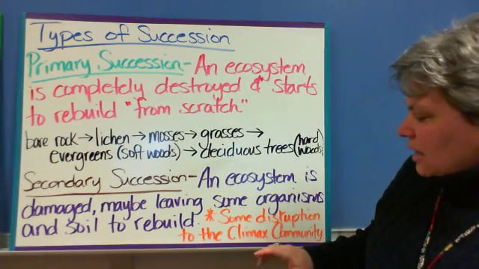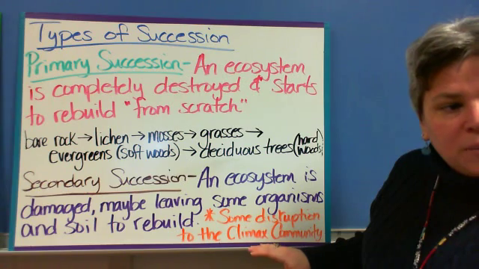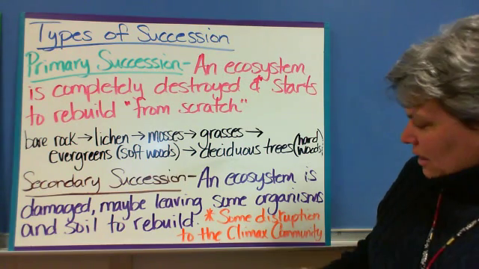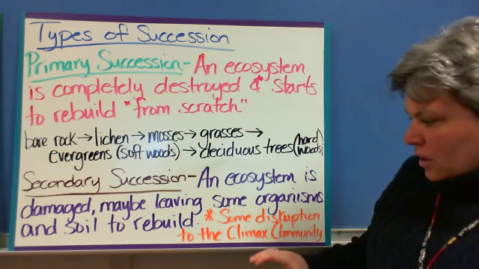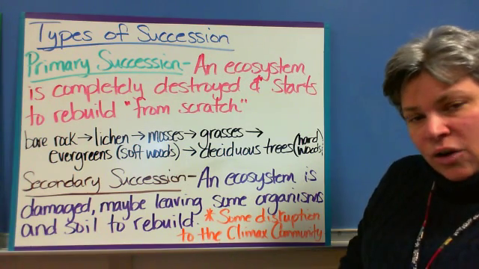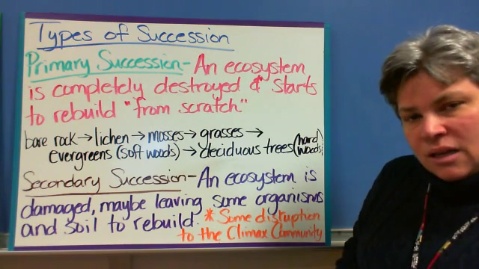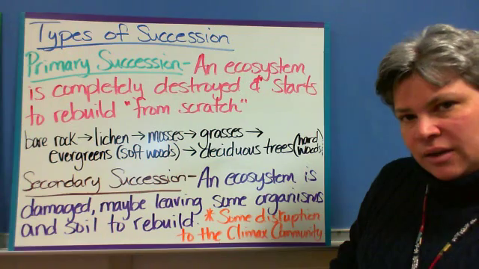With secondary succession, it starts because there's some disruption to the climax community. And I think you can see that to write that down. You have some disruption to your climax community. It could be from a flood, hurricane, tornado, snowstorm, whatever it is that kind of destroyed the climax community.